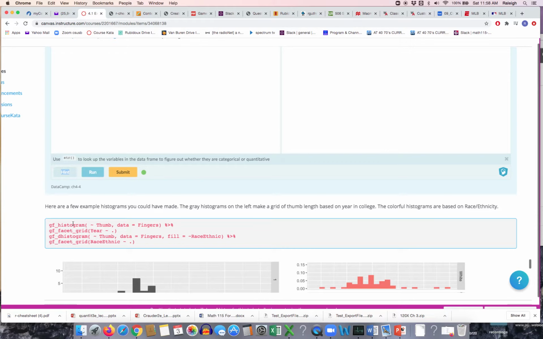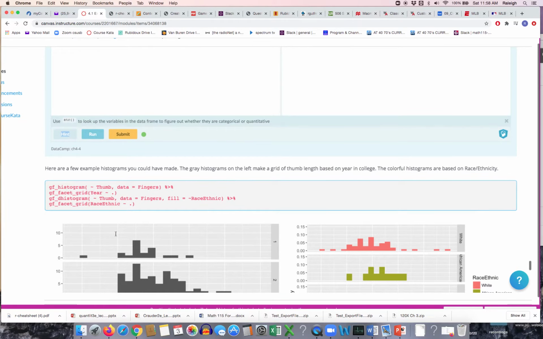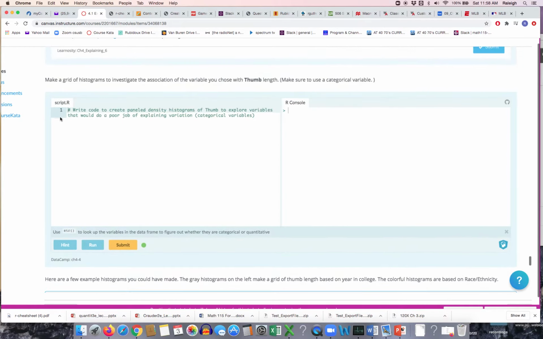First of all, we set up the histogram with the tilde thumb, that's the variable, data from the fingers data set, and the chain says we're going to look at 3 different items: the year in school, the race ethnic, and also we're going to look at facet grid. And they didn't even look at job at all, so we're just going to look at those 2. So I'm going to copy those, and let's go ahead and put them in here and see what happens when we run that.